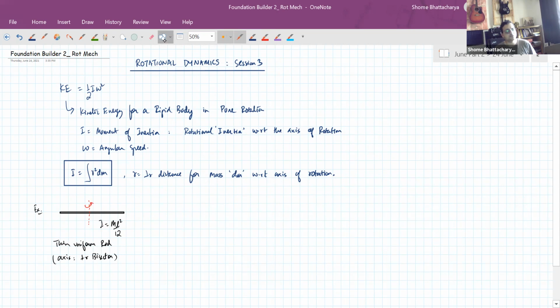Whereas if the axis is passing through one end of the rod, then moment of inertia is ml square by 3. Of course, m is the mass of the rod and L is the total length of the rod.